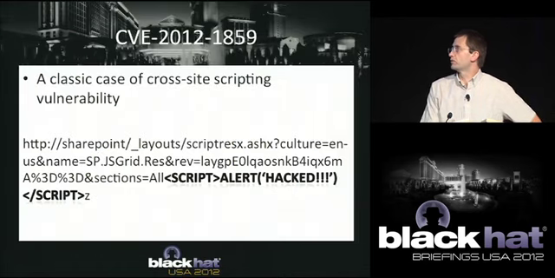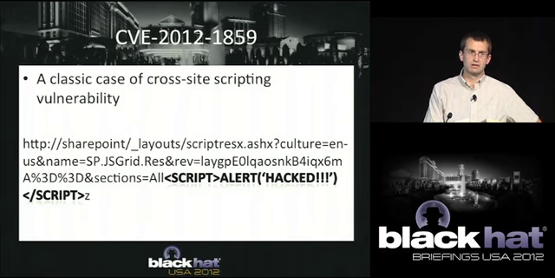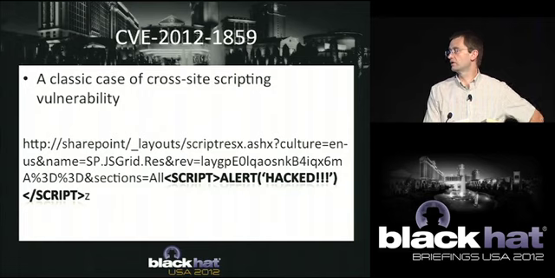So the second example is a cross-site scripting vulnerability that was patched in July. It's a typical reflected cross-site scripting where in certain circumstances an attacker could just put a script in the sections parameter of the URL.